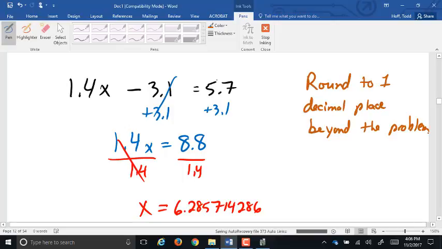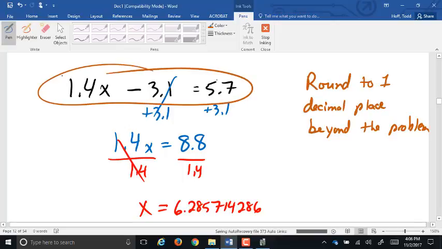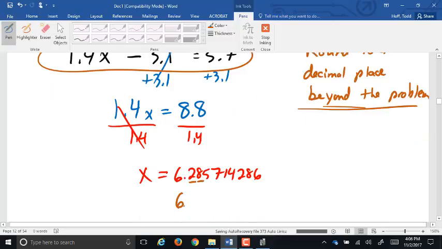What's that mean? In this problem, one is the most number of decimal places any number has. So we're going to round to one decimal place beyond that, which would be 2. So that'd be 6.29. Again, my math lab is always going to tell you where to round.